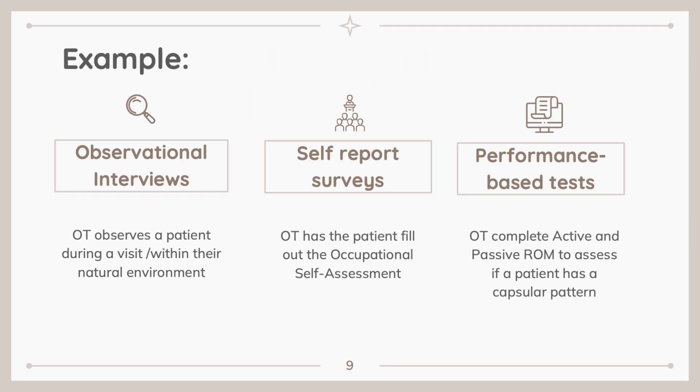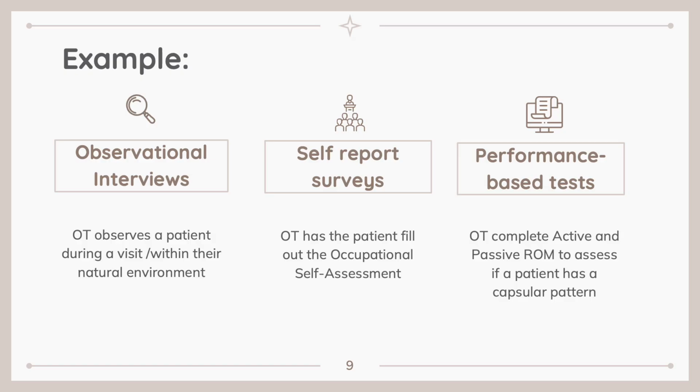All right, now we're going to go into an example that I could do with a patient. So first is observational interviews. We observe a patient during a visit or within their natural environment to assess how they are moving, or their abilities, strengths, barriers, things like that. Then we could have them complete a self-report survey where they would potentially fill out the Occupational Self-Assessment.